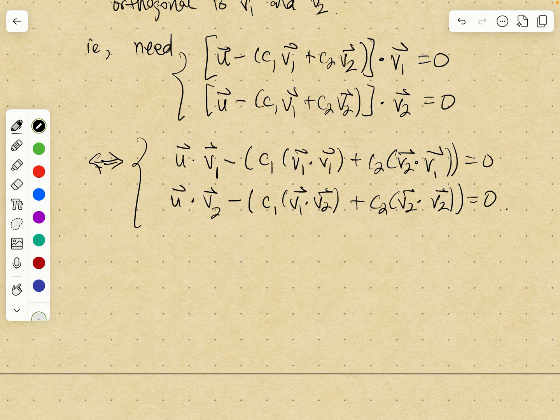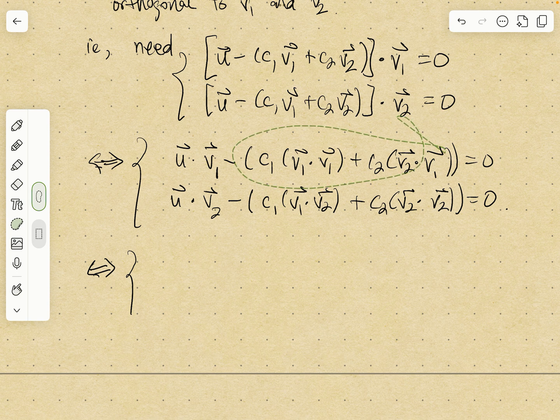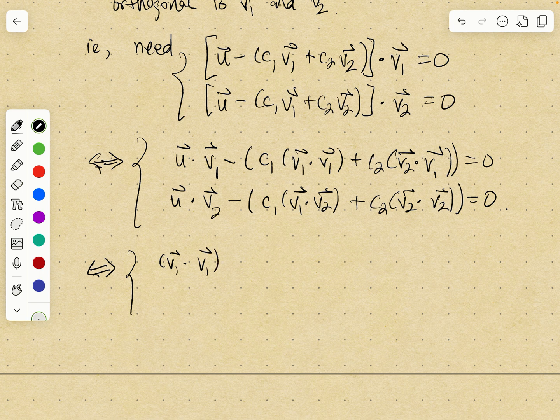When you add these terms to both sides, you get V1 dot V1 C1 plus V2 dot V1 C2 equals U dot V1, where V2 dot V1 is of course the same as V1 dot V2.